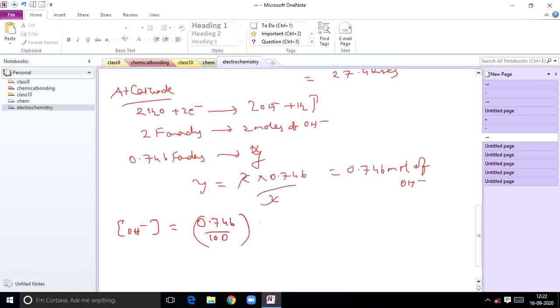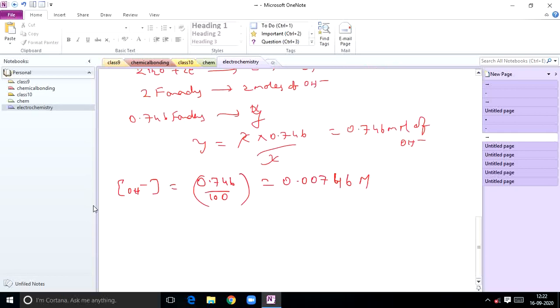So you will get 0.00746 molar. So because basicity is same, concentration of OH minus, so you calculate pOH equal to minus log of OH minus ion concentration.